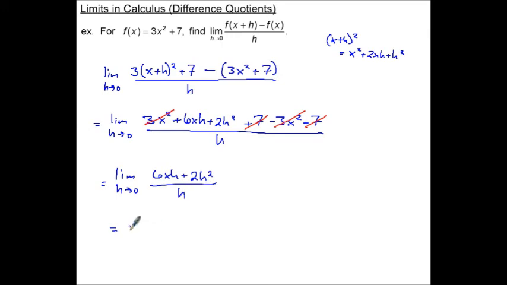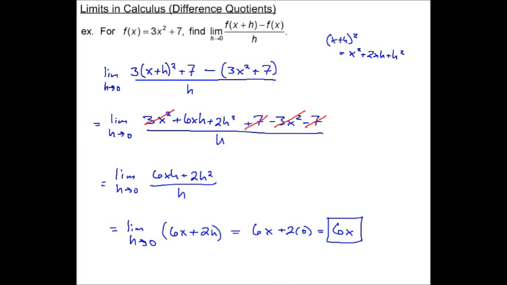So I'm looking at the limit as h approaches 0 of, canceling out an h, a pretty nice 6x plus 3h. Now I'm getting a little low on space here, but I think I can pull this off horizontally. This equals, plugging in a 0 now for h, 6x plus 3 times 0, which I don't think I need a calculator to tell me is just a plain old 6x.